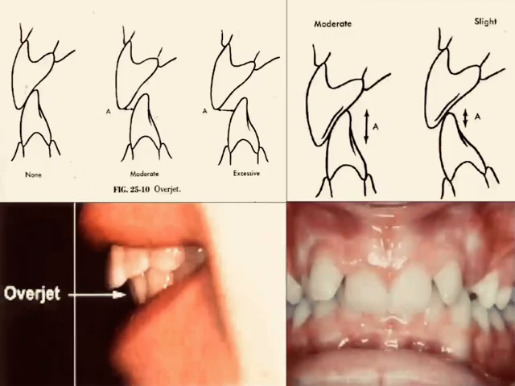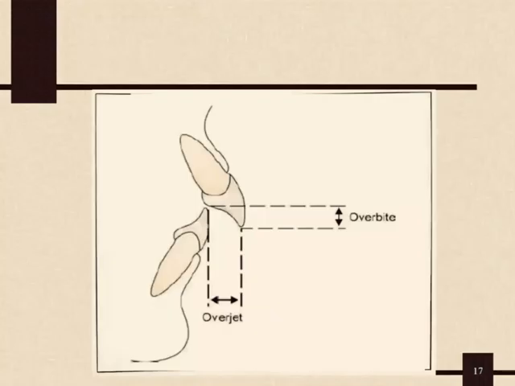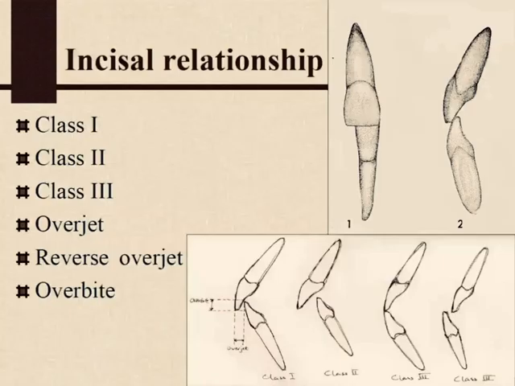Canine relationship. Now we have also class 1, class 2, and class 3 canine relationships. First, as we said about the class 1, class 2, and class 3 incisal relationship, class 1 of incisal stop means that we have enough overbite and overjet in between the maxillary central incisor and the mandibular central incisor.